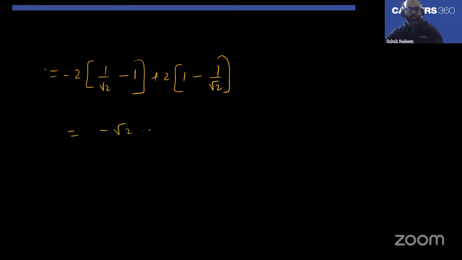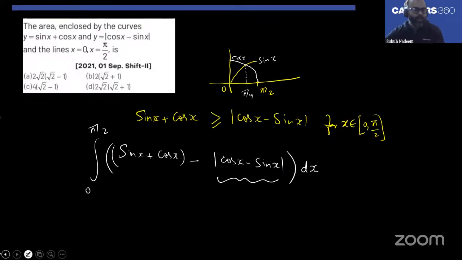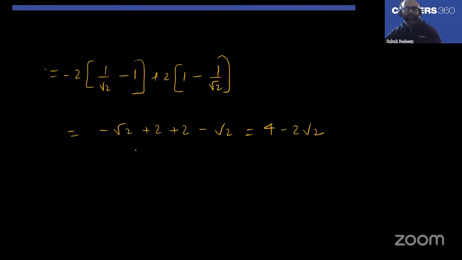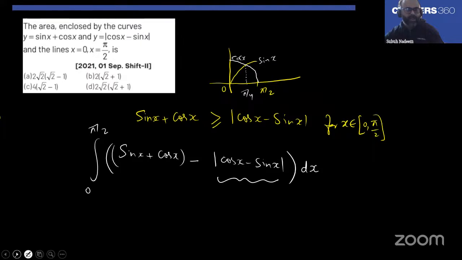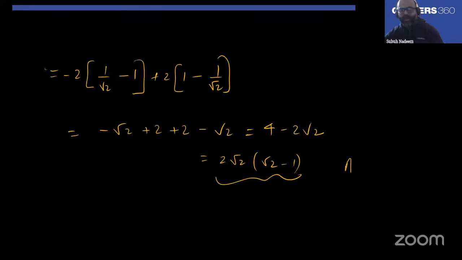Minus root 2 plus 2 plus 2 minus root 2 after opening the bracket and simplifying. So it becomes 4 minus 2 root 2. If we see the options, 4 minus 2 root 2 can be written as 2 root 2 into root 2 minus 1, if we take 2 root 2 common. This is option A. So our answer is option A.